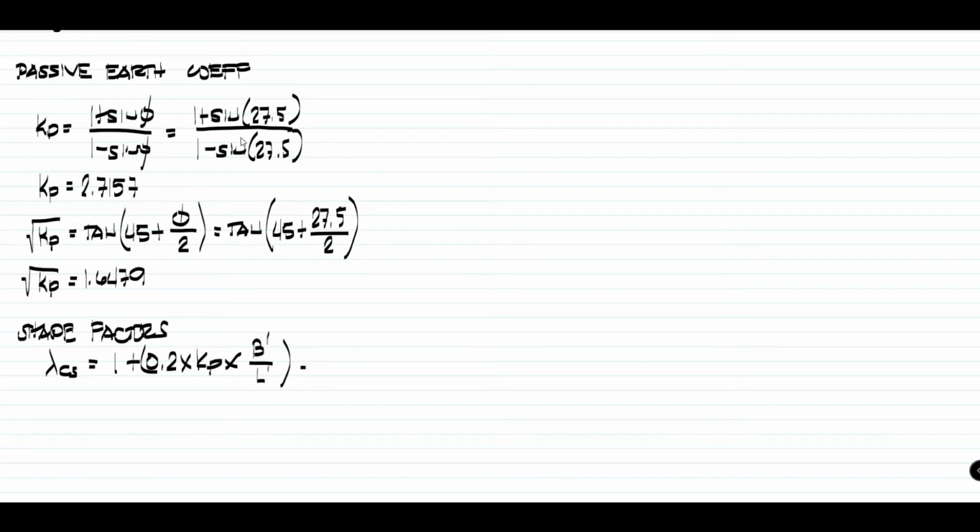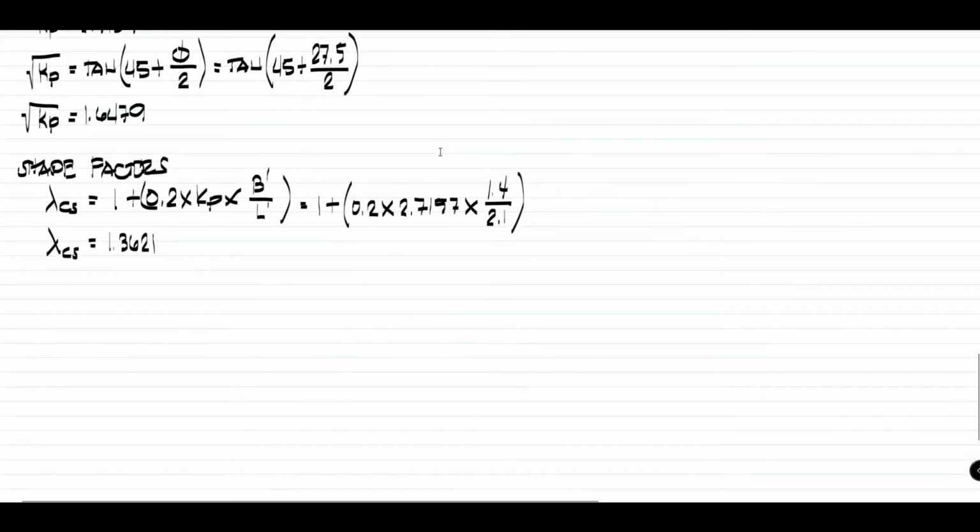So, that will be equal now to 1 plus 0.2 times yung K sub P natin, which is 2.7157 times B prime, which is 1.4 divided by 2.1. So, our lambda CS will just be equivalent to a value of 1.3621. So, yan na yung lambda CS natin.